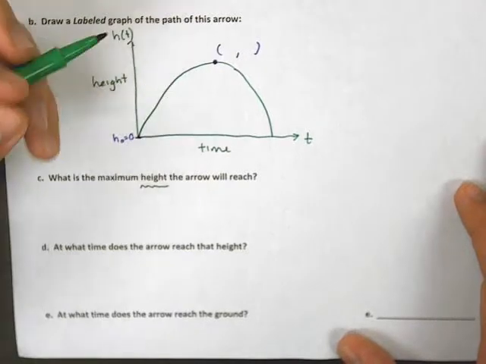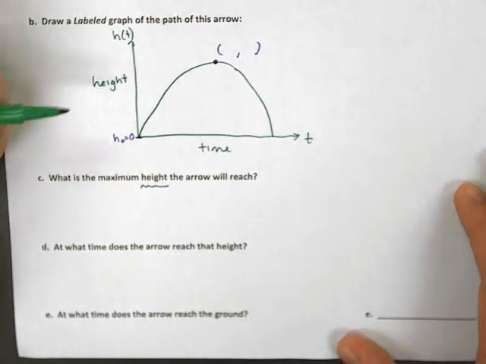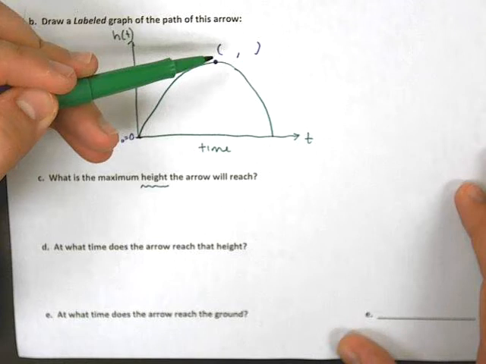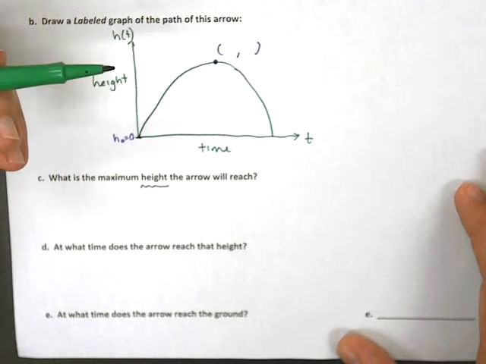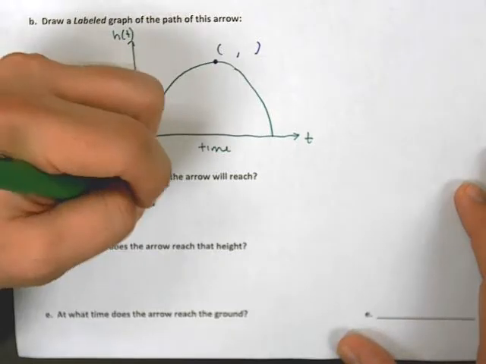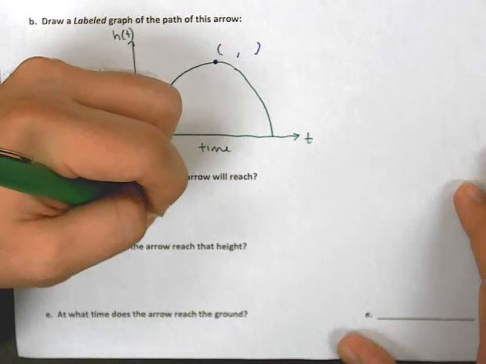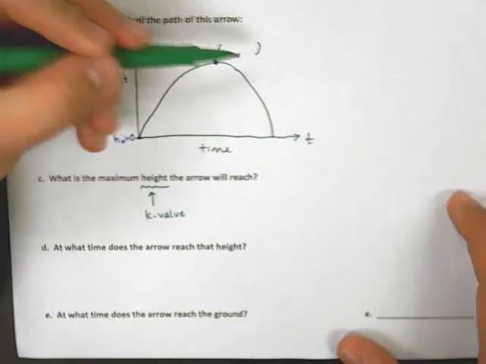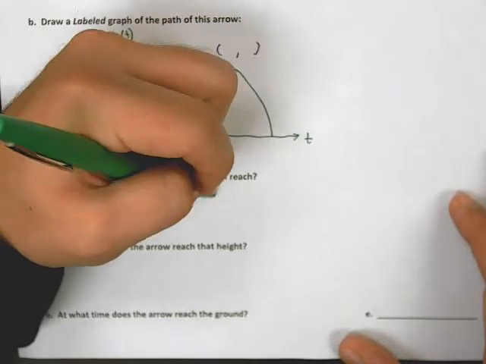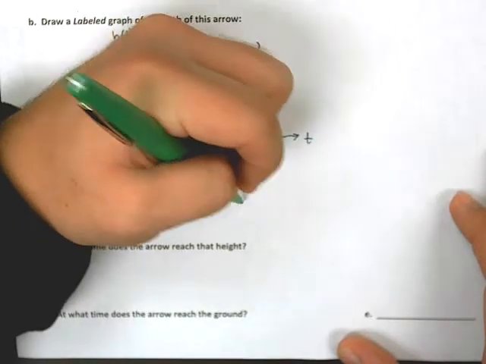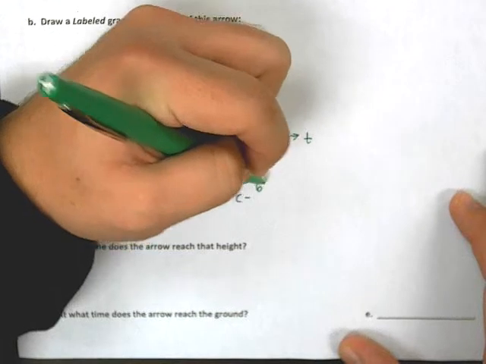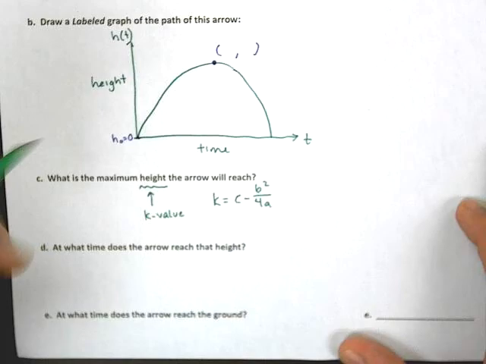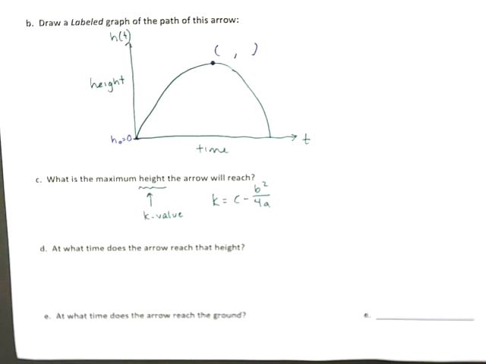So if we're looking for the y value of the maximum point, is that h or k? That's the k value. We want the y value of the maximum. So we need to use k equals c minus b squared over 4a.